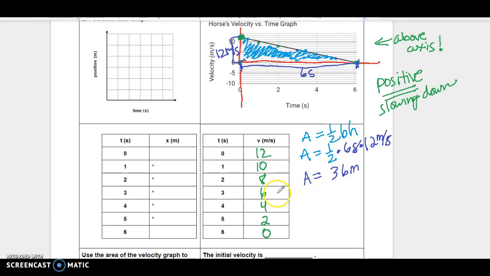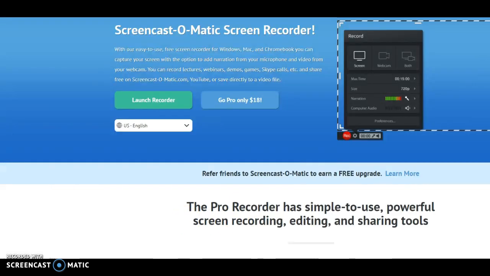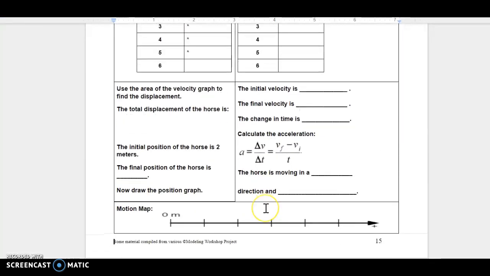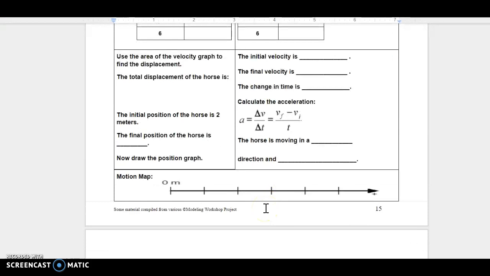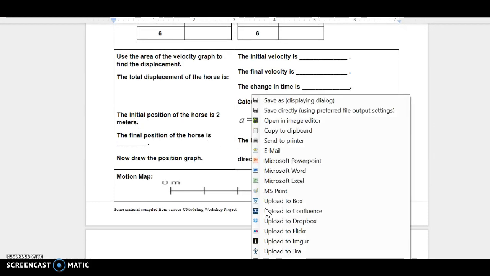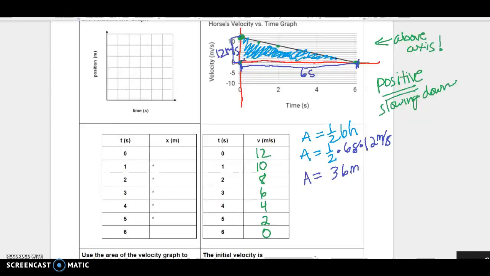Okay. All right, so I have to switch to my other screen to see what the initial position was of it. Okay, I'm gonna copy this. All right, so this one says the initial position of the horse is 2 meters.